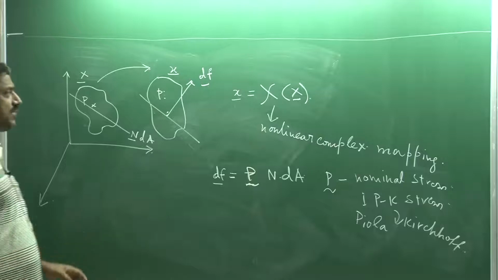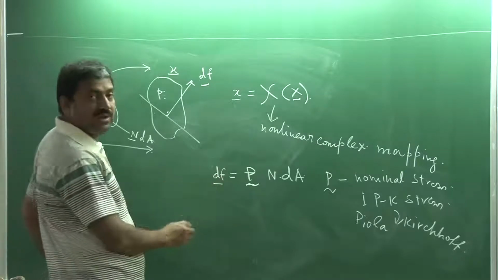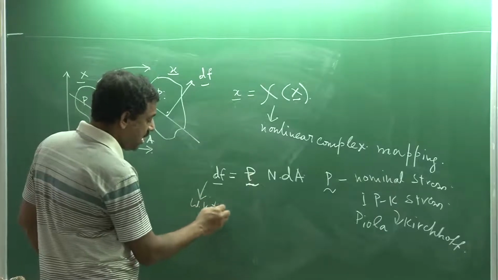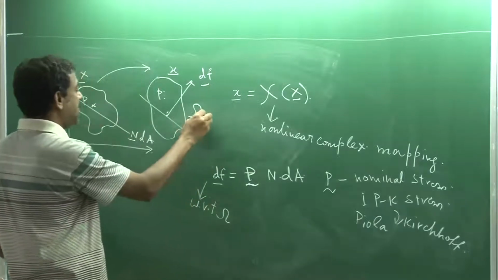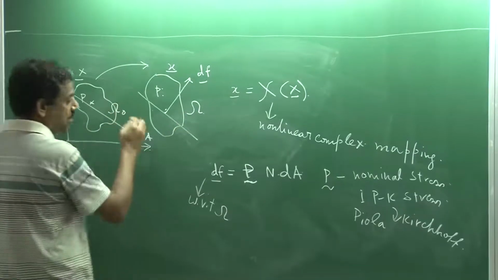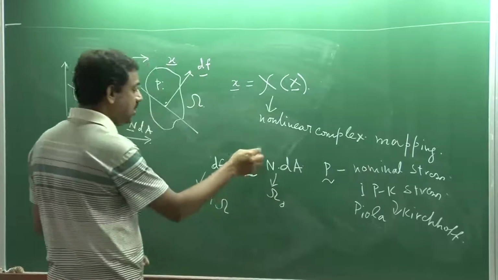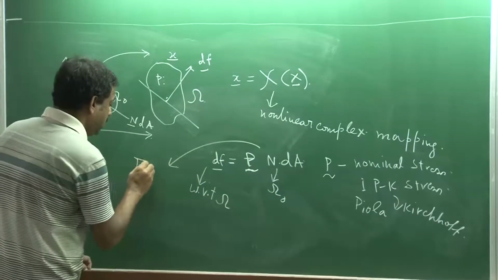So, what you see is that although the internal force that we are trying to find is in the deformed configuration, it is referred with respect to capital omega 0, the undeformed configuration. That is why it is called a 2-point tensor.